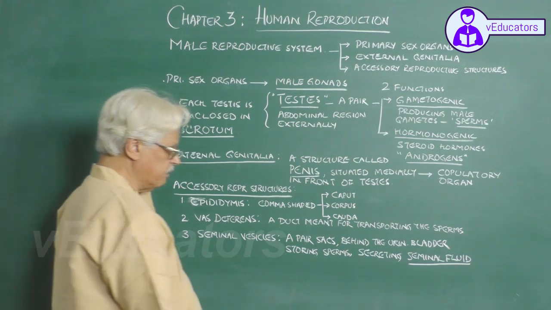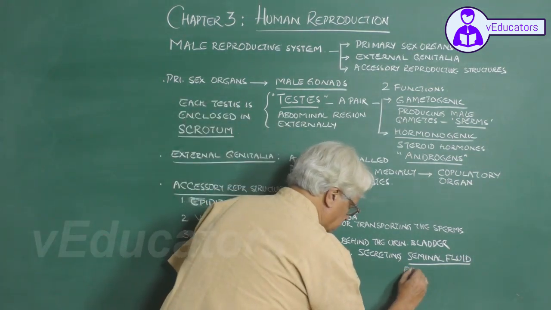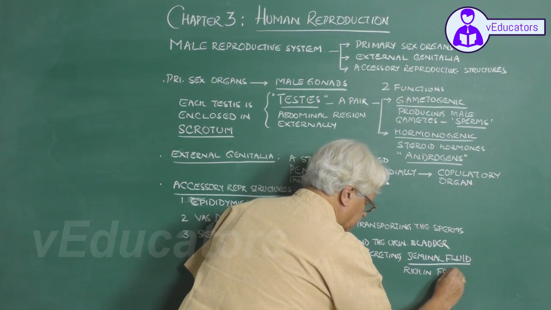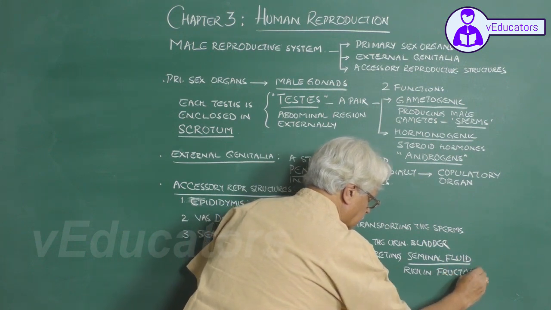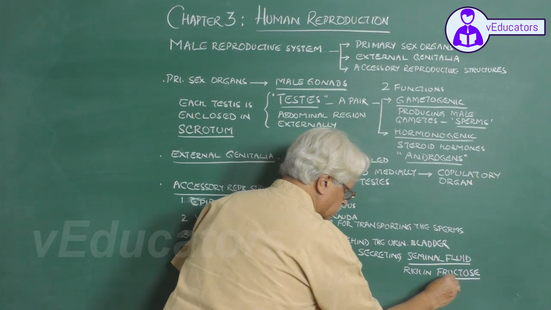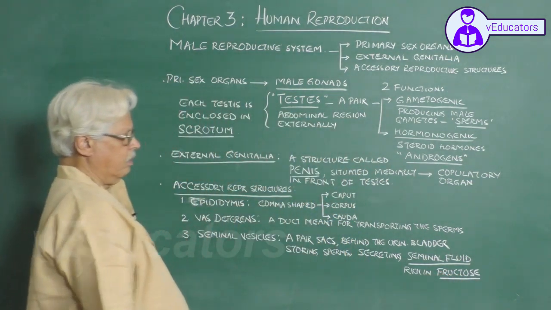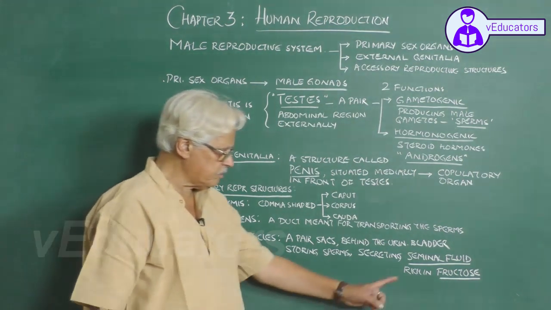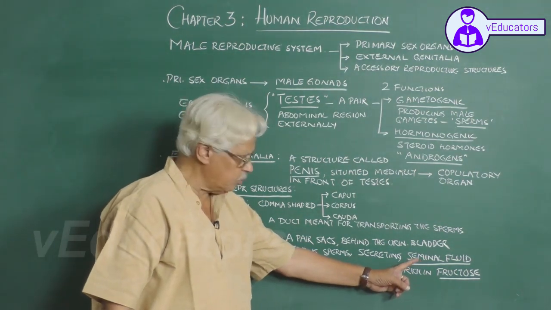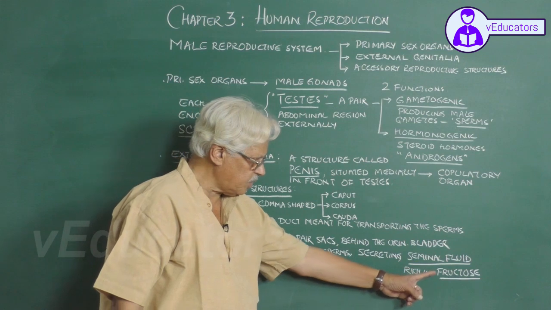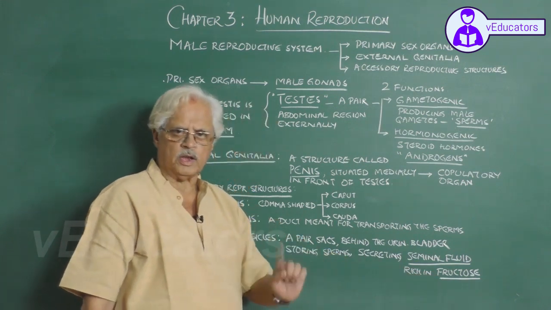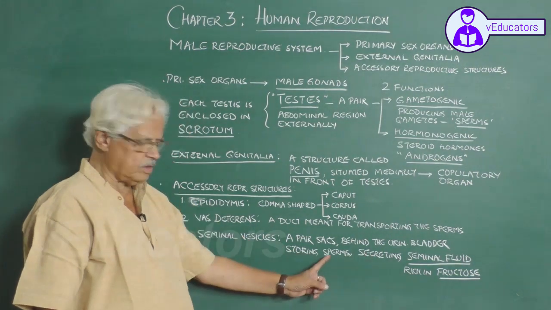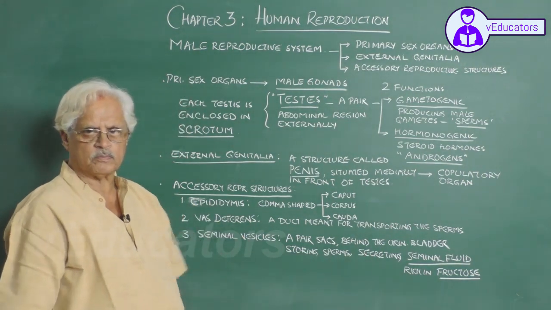And this seminal fluid is rich in a type of sugar called fructose. Seminal fluid is the only secretion in the entire human body containing fructose. It is meant for nourishing the spermatozoa.